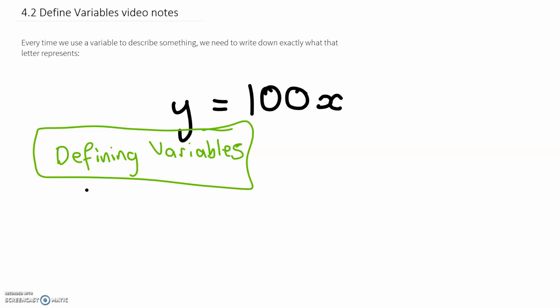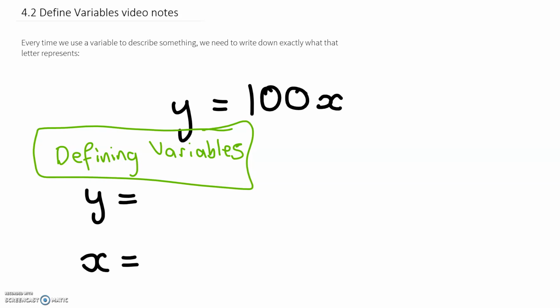We're going to write each of our variables down and write an equal sign next to them. And then after the equal sign, we're going to write some words that really clearly describe what that variable is all about. So let's say in this scenario that y represents the number of minutes of Netflix you watch.